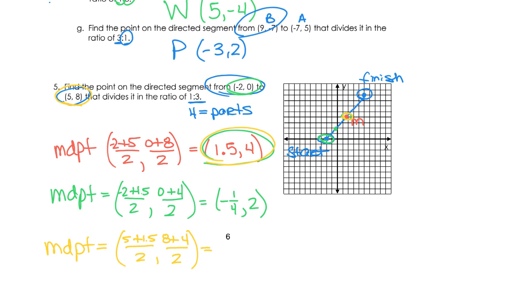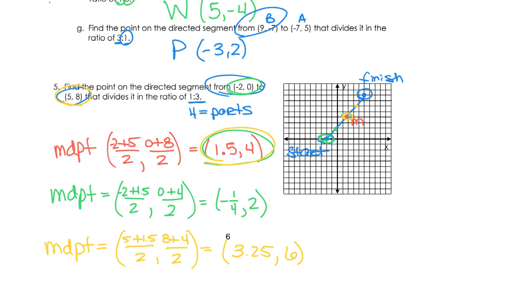So 5 plus 1.5 is 6.5. And 6.5, let's see, divided by 2 is 3.25. And 8 plus 4 is 12. 12 divided by 2 is 6. So 3.25 and 6. 1, 2, 3, 4, 5, 6. So it's about right here.